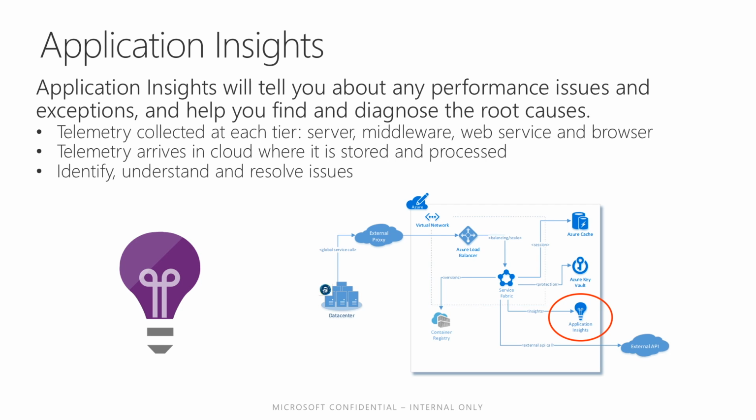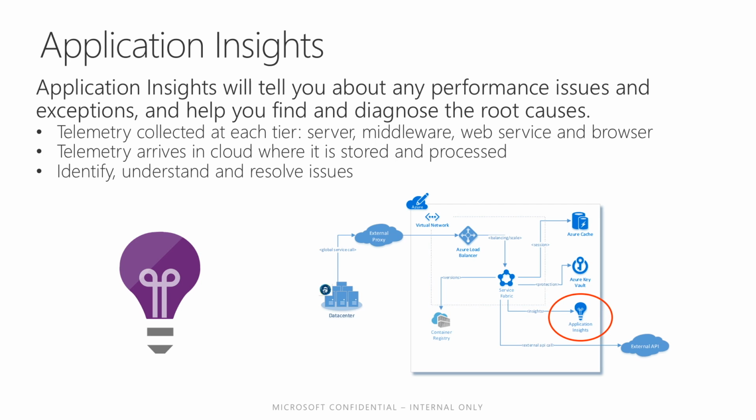So the way this is done is we have what's called telemetry. Telemetry is collected at any area of an application or service that we want to attach or integrate Application Insights into. Normally with Application Insights, we can monitor telemetry at the server level, through middleware, web service level, browser level, almost any section of your application.